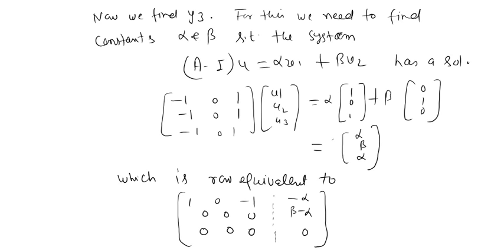From the second row you have 0 equal to beta minus alpha, which is only possible if beta equals alpha. So this system in u1, u2, u3 has a solution if and only if beta equals alpha, where alpha is arbitrary.